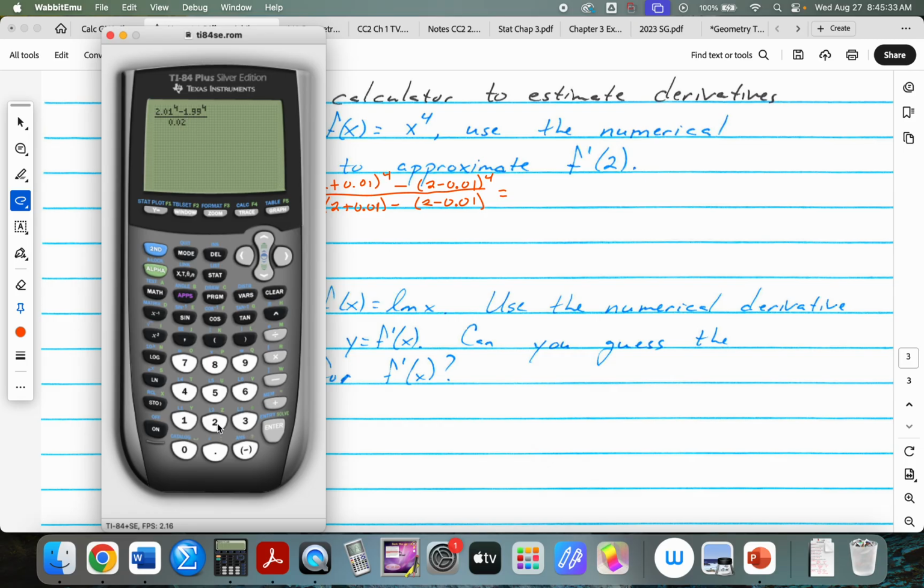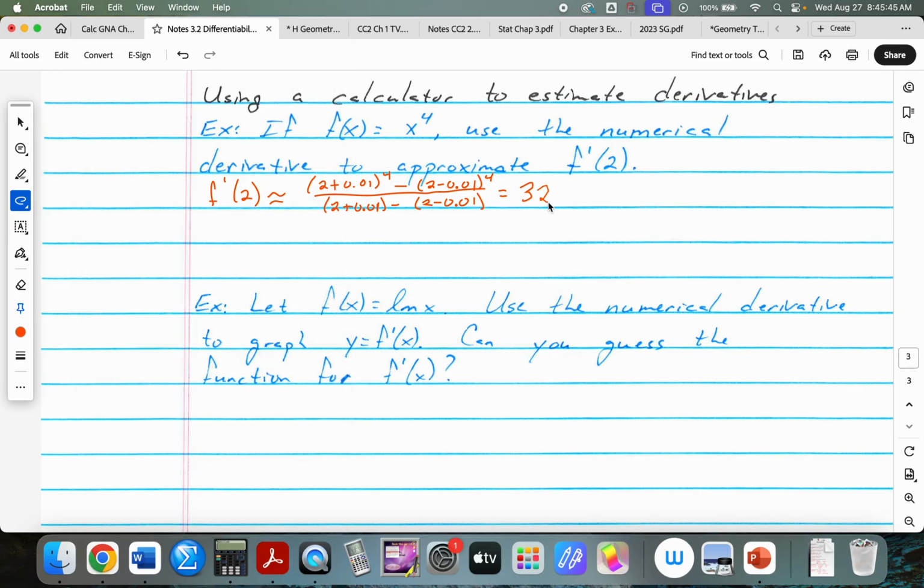It's twice whatever we picked for h. And it says that it's 32.008. Yeah, it's pretty accurate. How do you think I could make it more accurate? 0.0001. Yeah, make it a smaller h. If you made it a smaller h, you get better accuracy because you're taking a smaller interval.